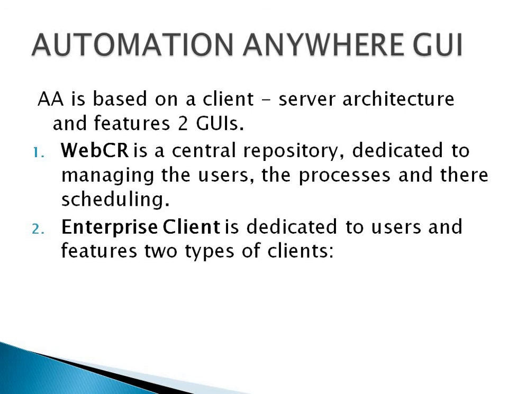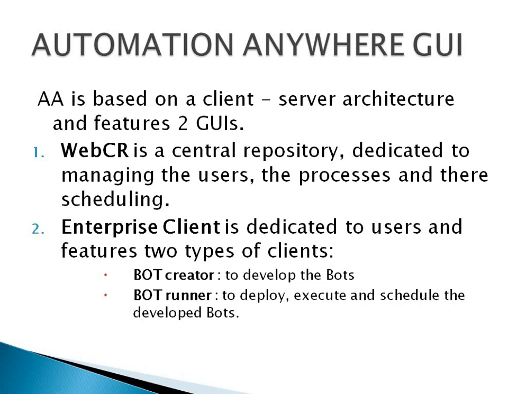The other one is the enterprise client, and it is dedicated to users and features 2 types of clients. The 2 types are the bot creator to develop the bot, and the bot runner to deploy, execute, and schedule the developed bots.